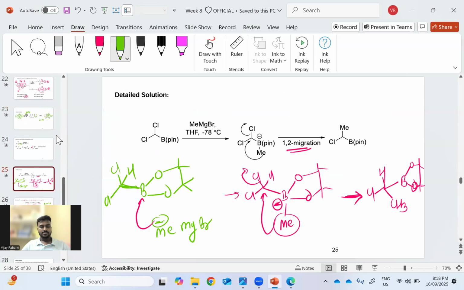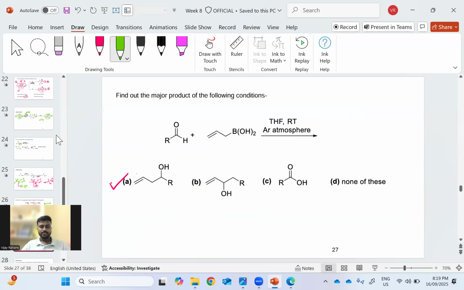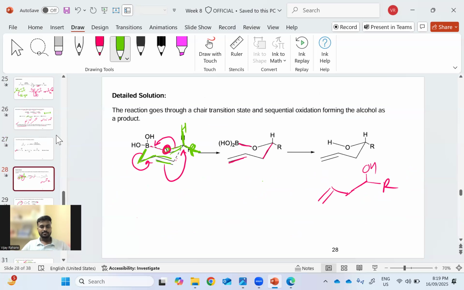Then some questions based on a bisphenol diborane starting material, which has an alpha dichloro substituent, on which we have seen the addition of the Grignard reagent. Here a 1,2 migration step takes place, so the chloro group will be substituted by the methyl. Then the reactivity order of sodium borohydride, zinc borohydride, and lithium borohydride toward keto compounds was covered, and some intermediates.